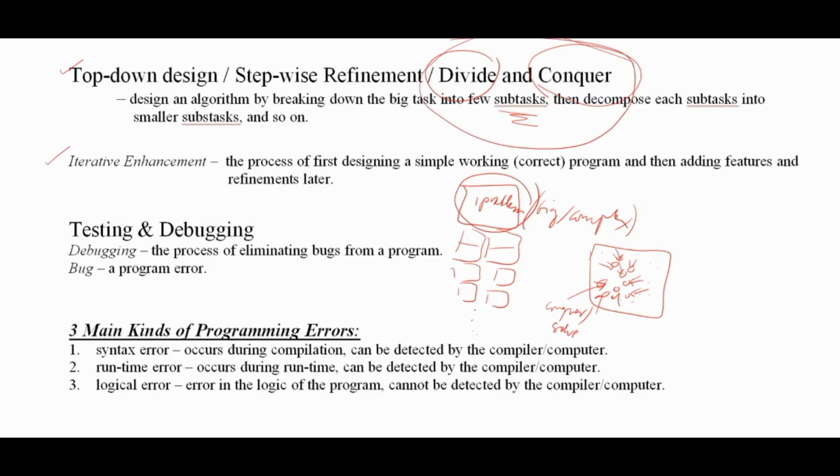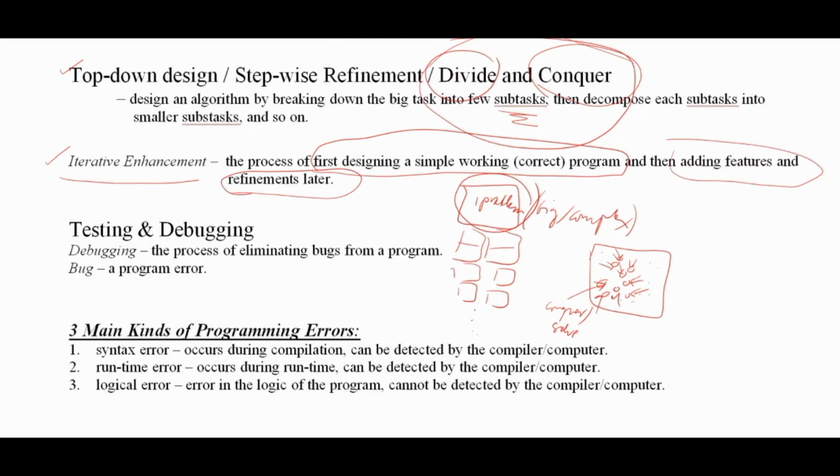Another term we have here is iterative enhancement. Iterative enhancement refers to the process of first designing a simple working correct program, and then you add features and refinements or beautification later.